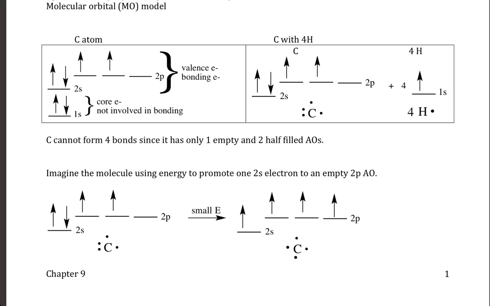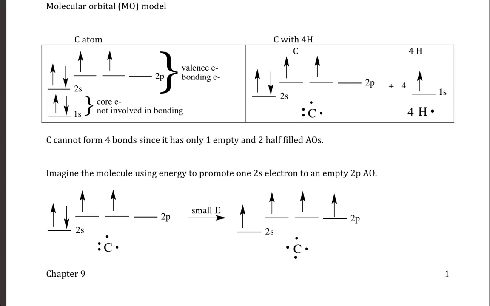The valence electrons are the 2s and 2p electrons. Those are the ones involved in bonding. The 2 core electrons are the 1s electrons, and they are not involved in bonding. They are too deep within the atom to be on the outside enough to be involved in bonding.